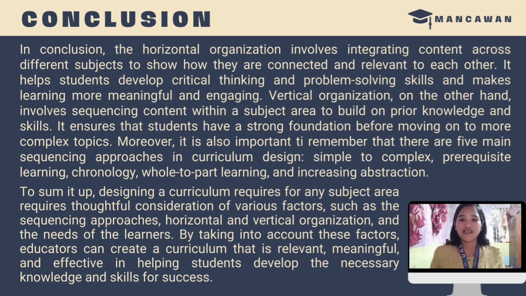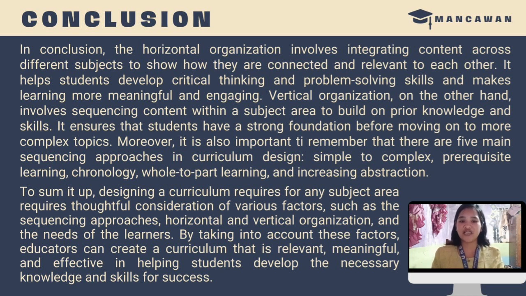Moreover, it is also important to remember that there are 5 sequencing approaches in curriculum design: the simple to complex, the prerequisite learning, chronology, whole-to-part learning, and increasing abstraction. The simple to complex approach involves starting with basic concepts and gradually building up to more complex ones.